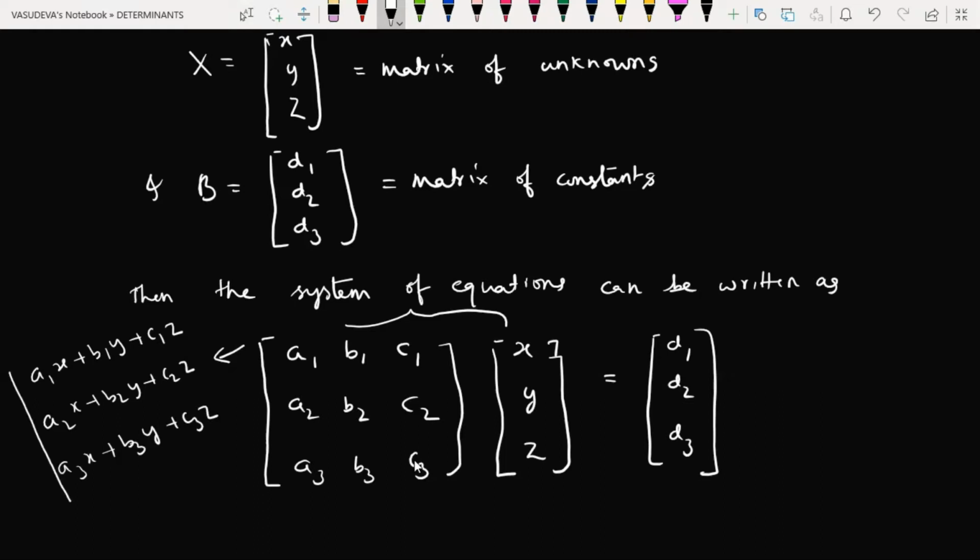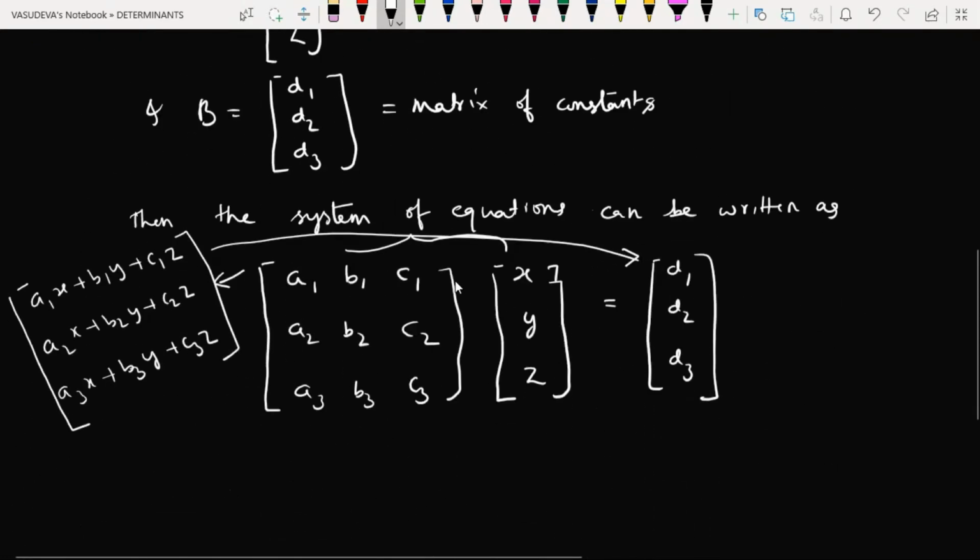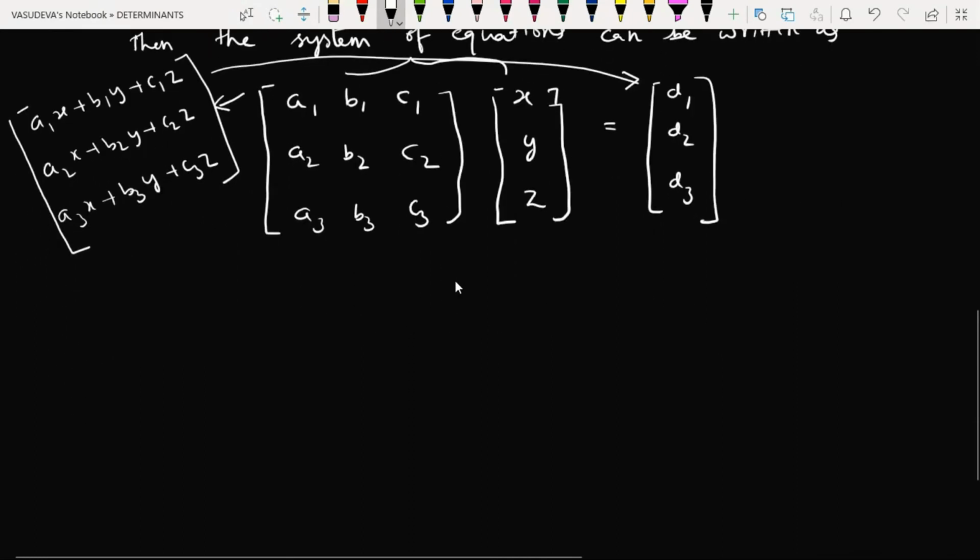By equating this matrix with the constants matrix, we get the simultaneous linear equations a1x plus b1y plus c1z equals d1, a2x plus b2y plus c2z equals d2, a3x plus b3y plus c3z equals d3, by the equality of matrices.